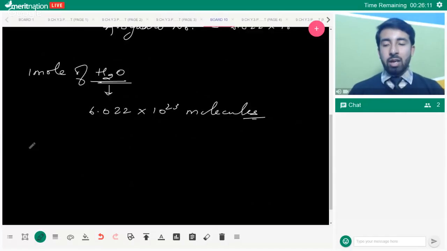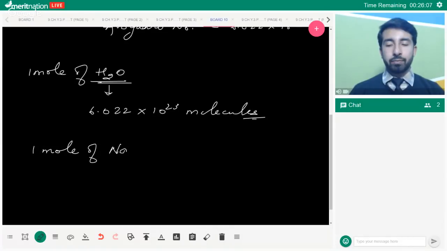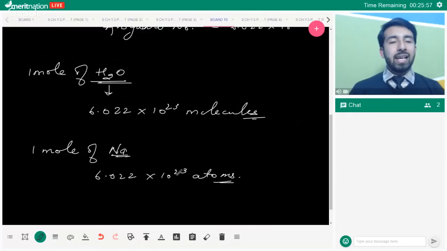Now, if it is 1 mole of sodium, then it would be 6.022 into 10 raised to the power 23 atoms of sodium, because sodium is an element. You can take it as 6.022 or 6.023. Both are acceptable.